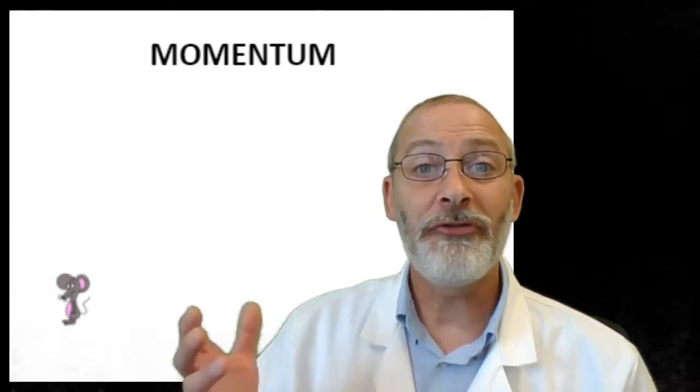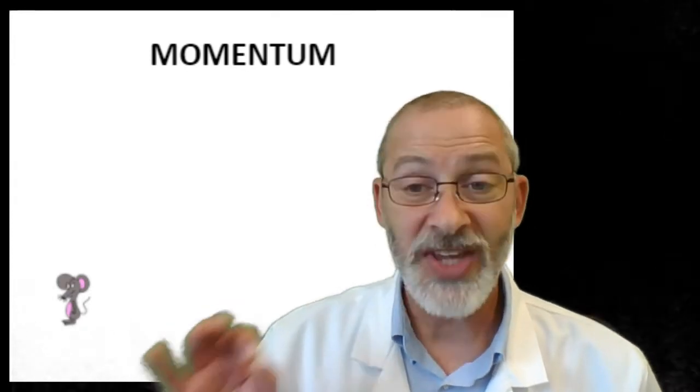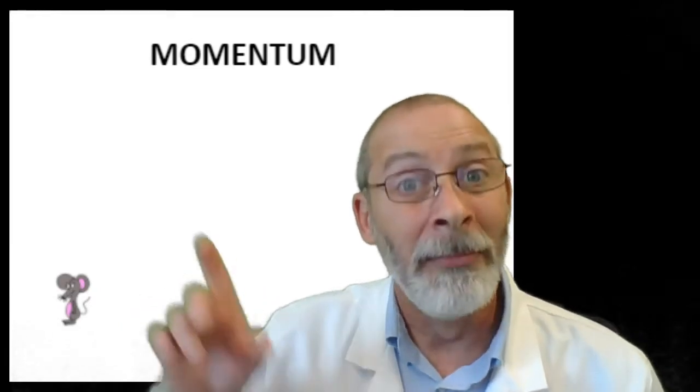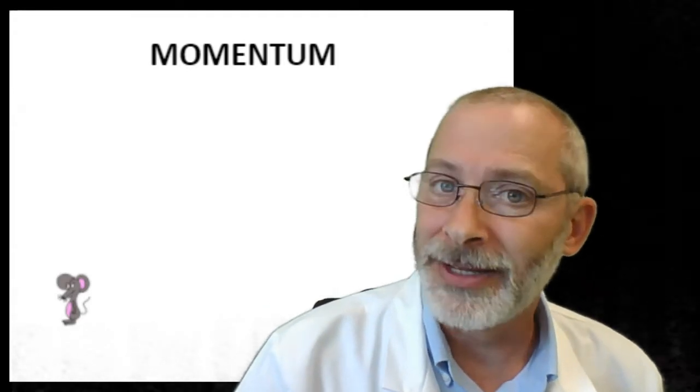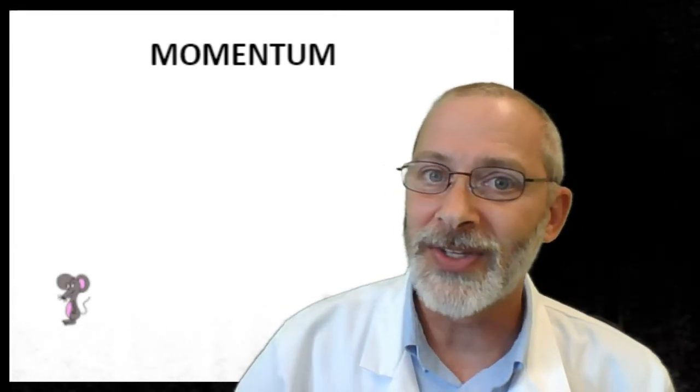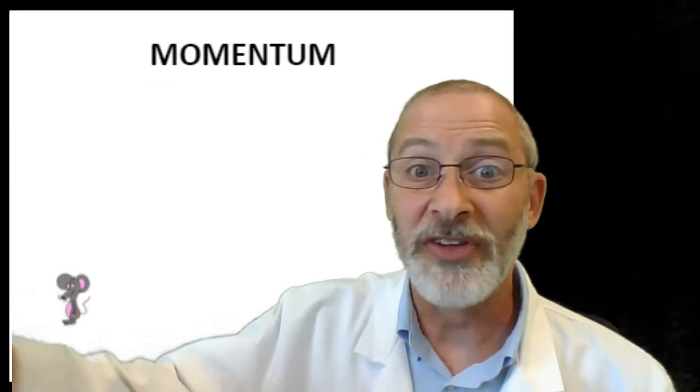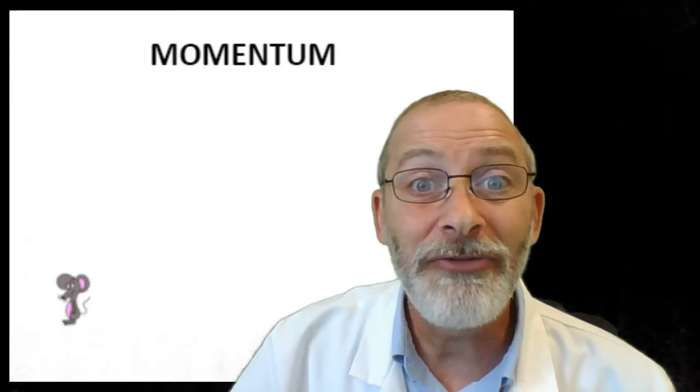Okay. If you're afraid of mice, the sight of a mouse might cause you to move away very quickly. You would be increasing your momentum if that was the case, taking the mass of your body and moving it at a certain velocity away from the mouse.